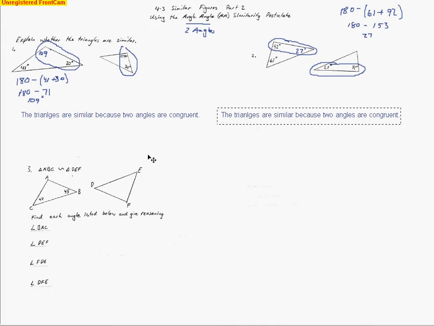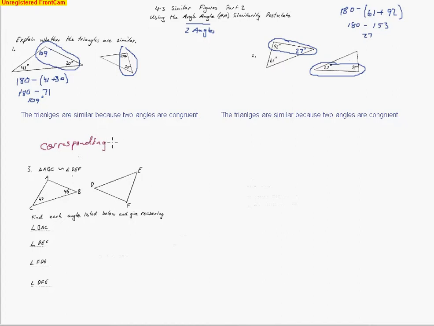On the next one, they're giving us that these two triangles are similar to start with. We're supposed to find each angle listed below and give some reasoning. When we're looking at angles, you have to look at corresponding parts, or corresponding angles.